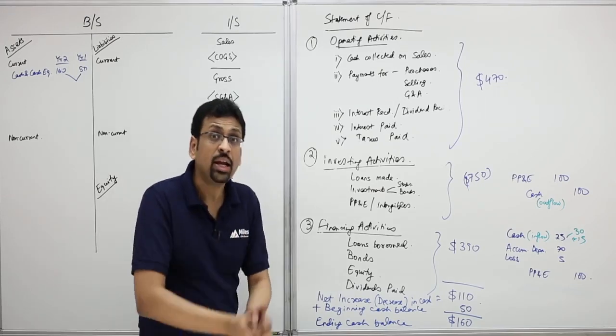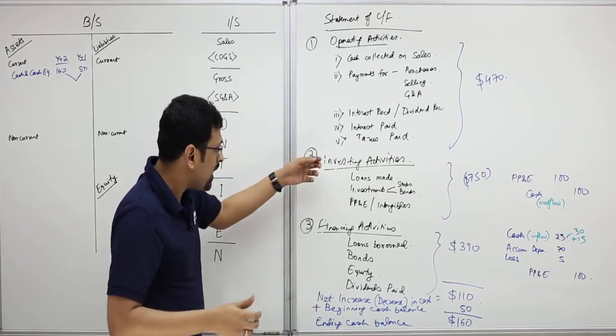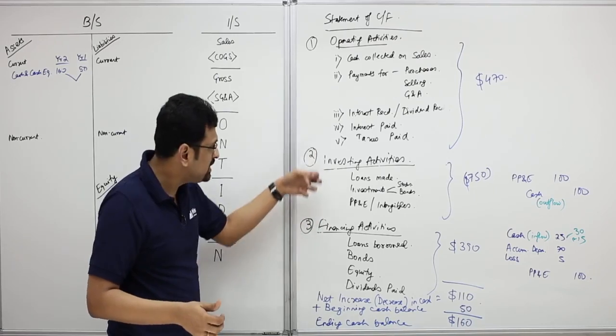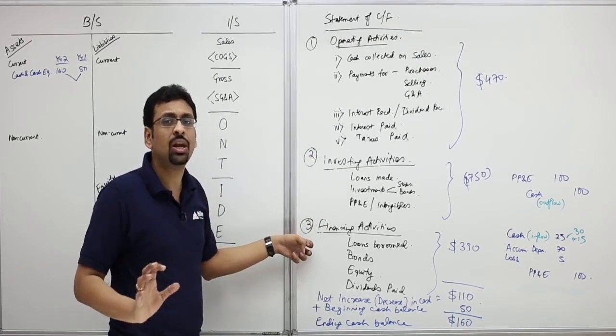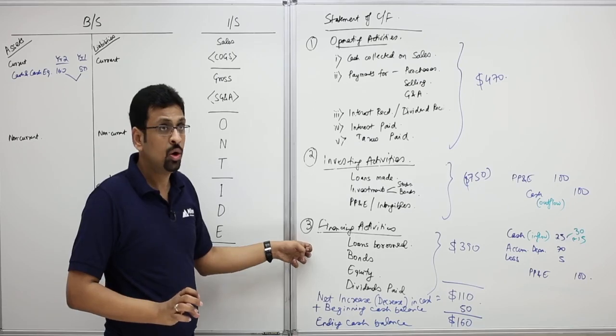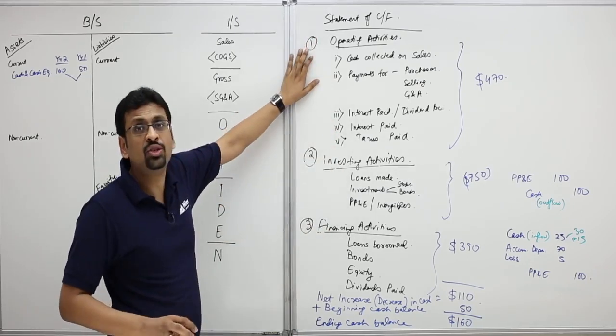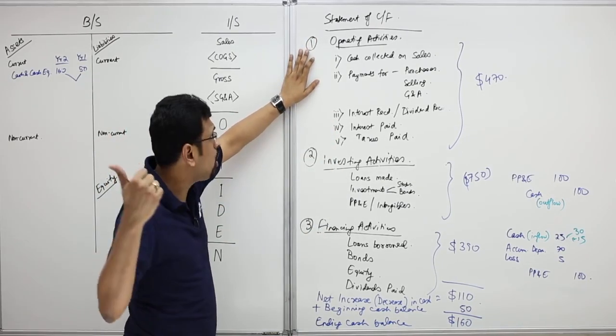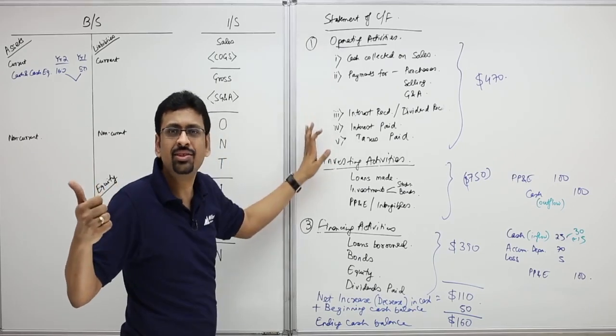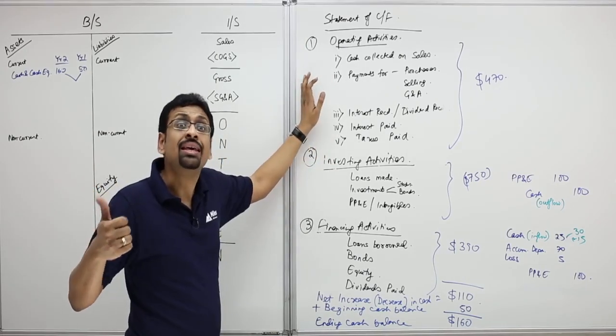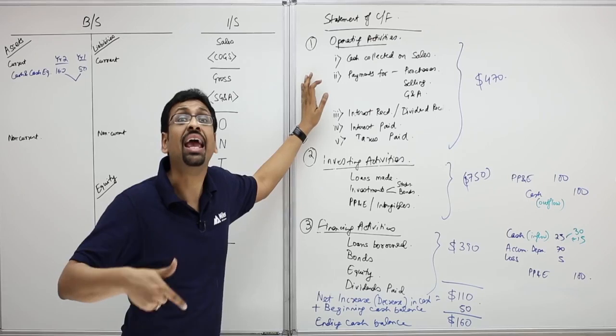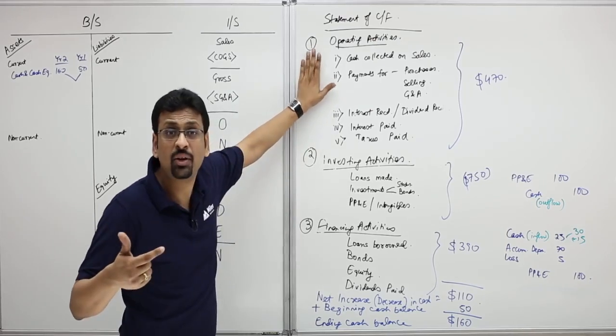Now you're required to use the direct method for investing and financing activities. So these activities always need to look like a summary of your cash account. But for operating activities, you've got two options. First option, present it like this, which looks like a summary of cash account. Second option, use the indirect method only for operating activities.